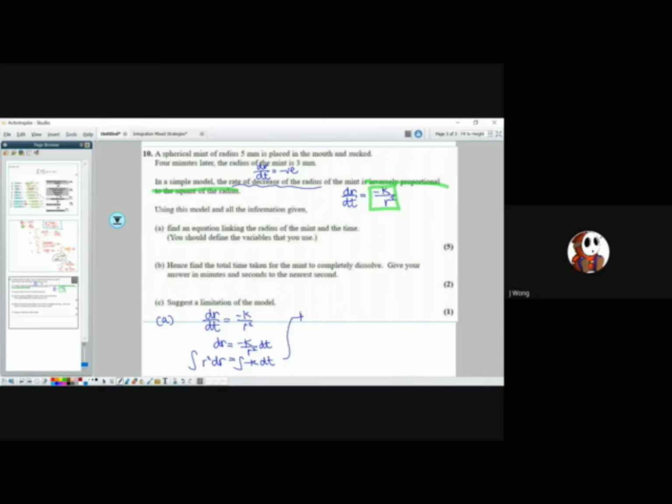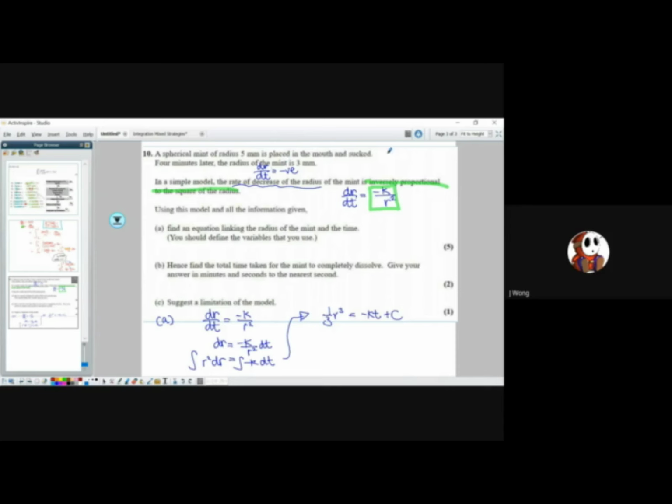So let me carry on here. So integrate both sides, you'll get a third r cubed equals minus k times t, and you just need to add c on one side. And then usually at this moment, you'll need to find all the missing constants, which you could find with the information at the start.